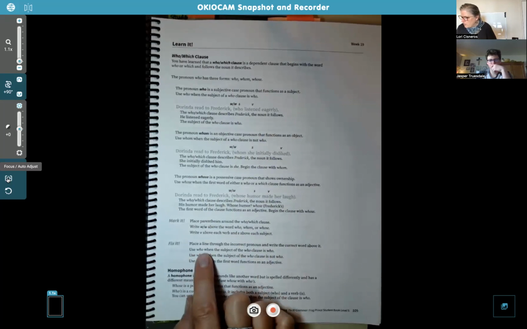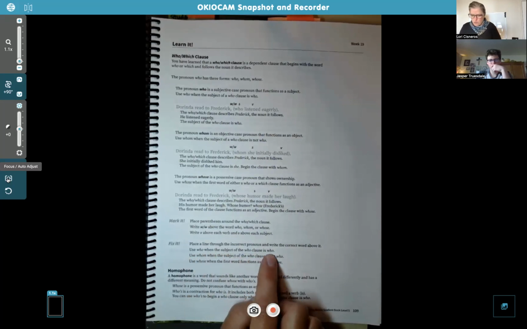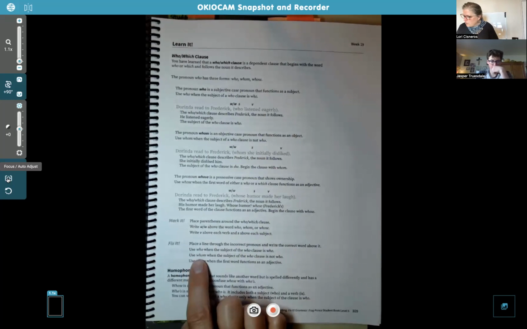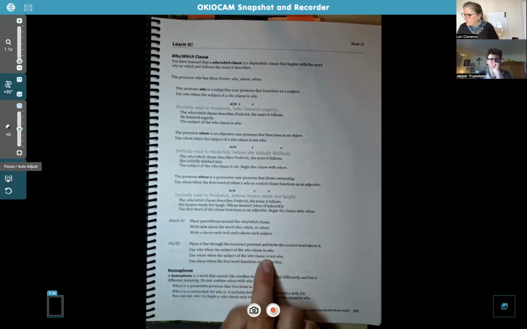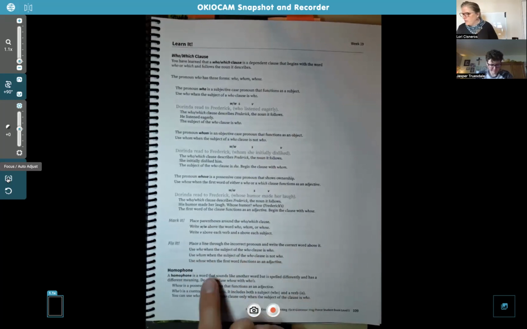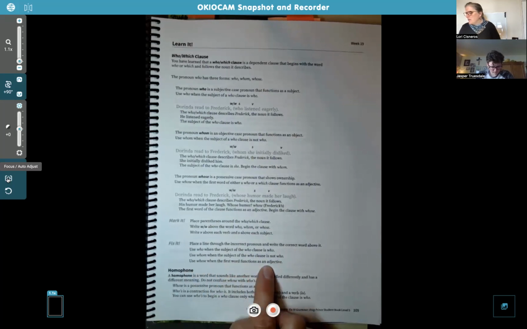Use who when the subject of the who clause is who. Use whom when the subject of the who clause is not who. Use whose when the first word functions as an adjective. So we're focusing today on who, whom, and whose. They're all clauses, but those three words take different functions in the clause.